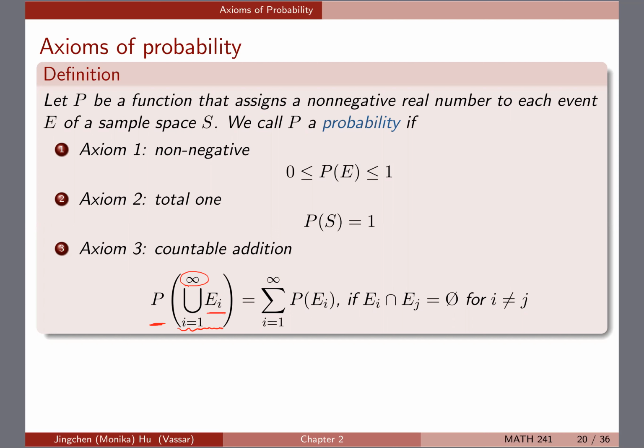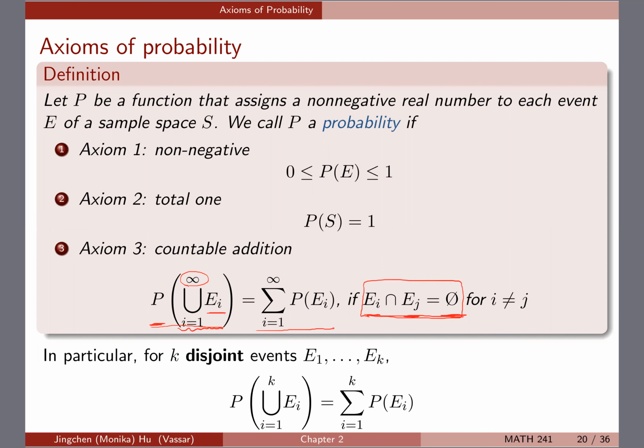When any E_i and E_j are disjoint, which we're going to look at the definition of in a minute, it's really saying that there's no overlapping between any two events in all of the sets that you're looking at. Then the probability of the union of all of the events will just be the sum of the probability of each of the events.